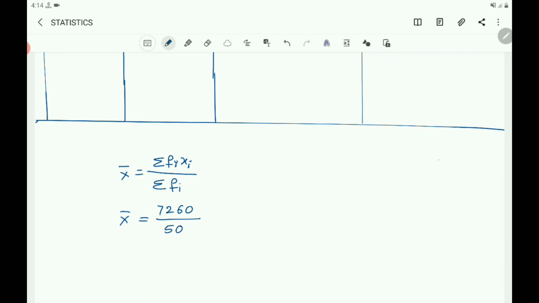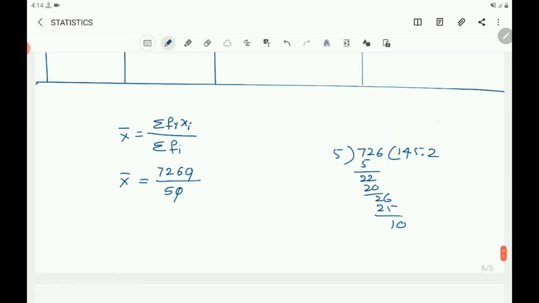Then the zeros cancel. You divide 726 by 5, and you get x bar equals 145.2.